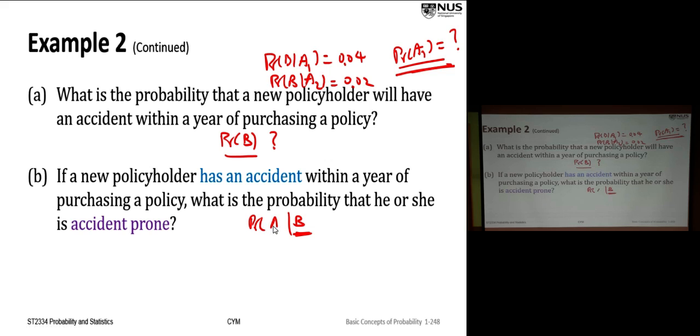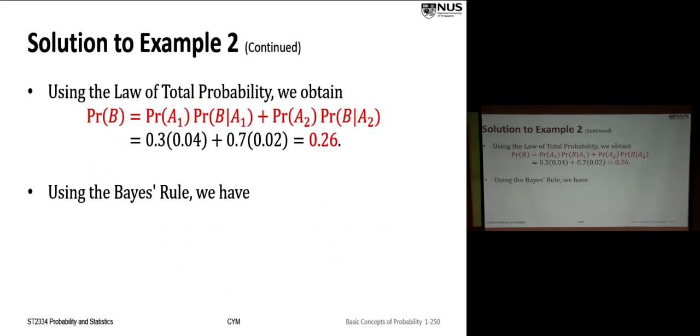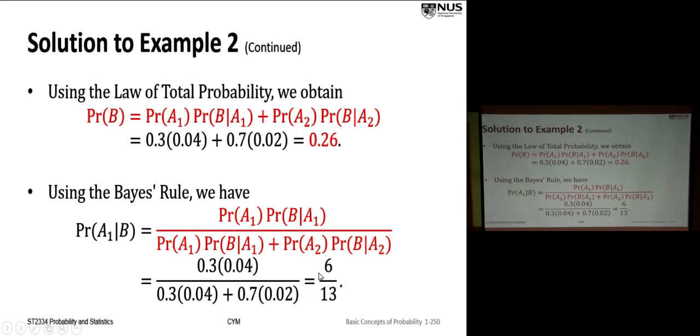So the next question: given the probability of B, having an accident, what is the chance that he belongs to A1? I think you can work it out yourself, so I skip. The answer is 6/13. If you see that there's an accident, so it belongs to the accident-prone group, instead of 30% it now increases to almost 0.5.